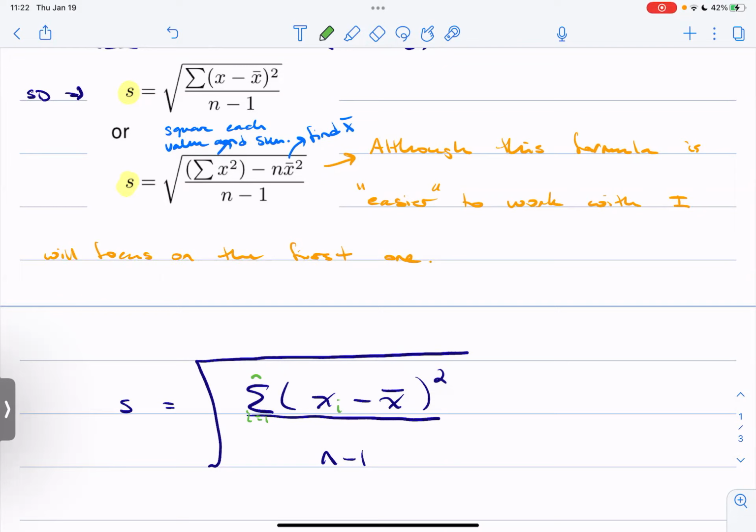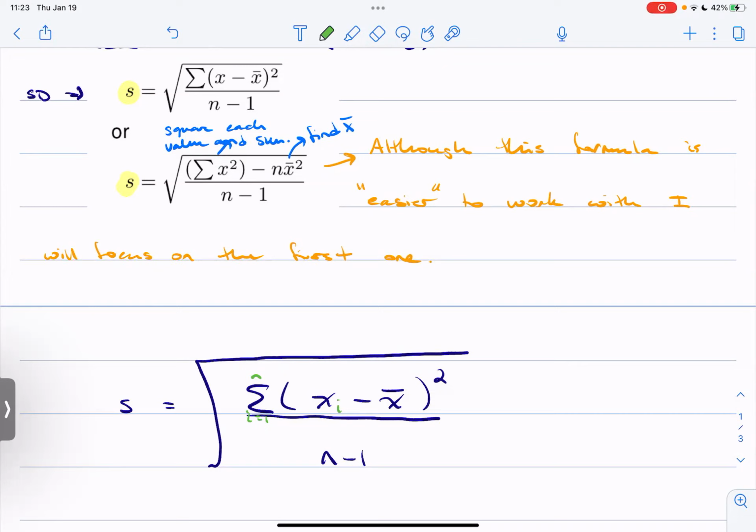Then from each data point, I see how far it is from the mean. How far is x1 from the mean? If it's below the mean, that value is going to be negative. That's the first reason why we square: to make it positive. You square a negative number, it becomes positive. So all of a sudden we're working with positives, but also, why am I going like this?